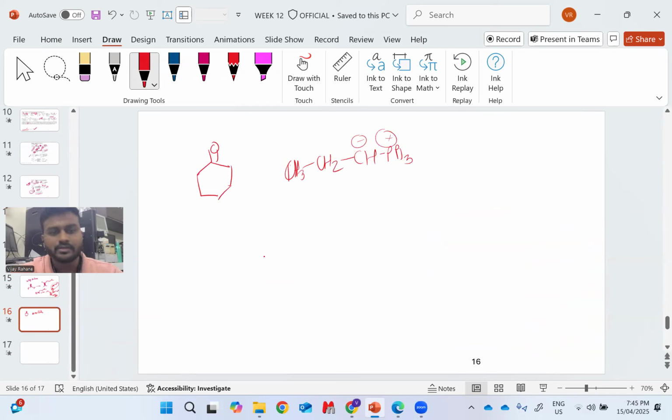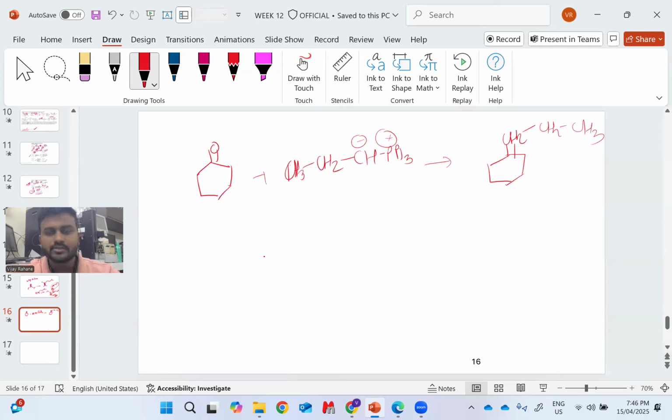So this is a Wittig salt. So upon reaction of this one, we get here this CH2. This is what we get after completion of this reaction.